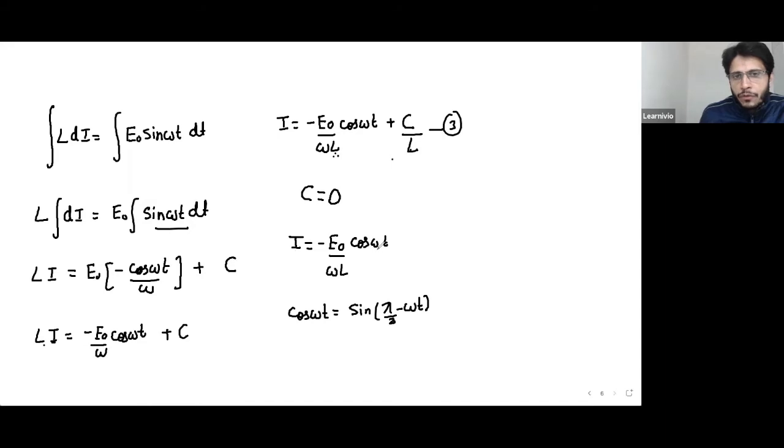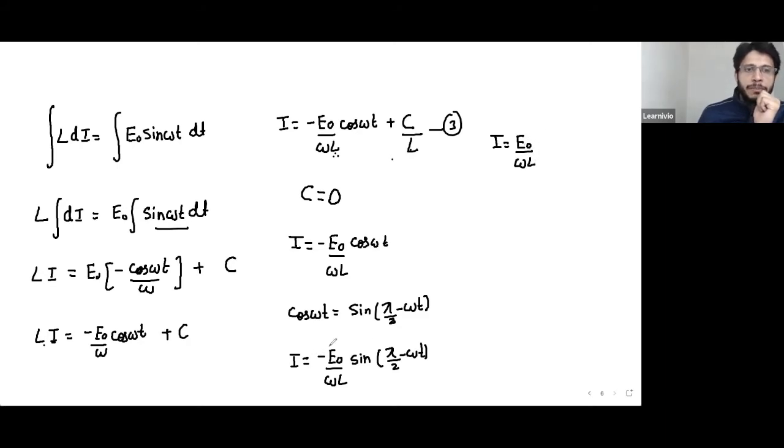If I substitute that, the equation of current is minus E naught by omega L sine of pi by 2 minus omega t.